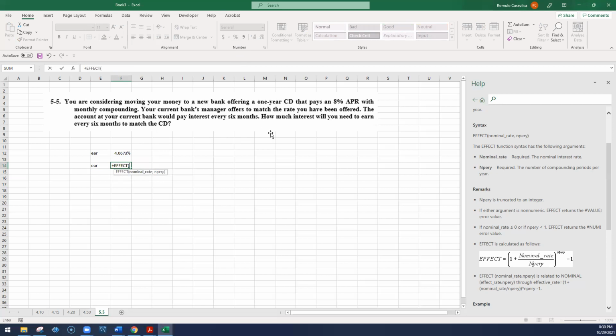This is what I think. 8% divided by 2, so I get a semi-annual rate, and then here put 12. That's what I think. Yes. Smart.